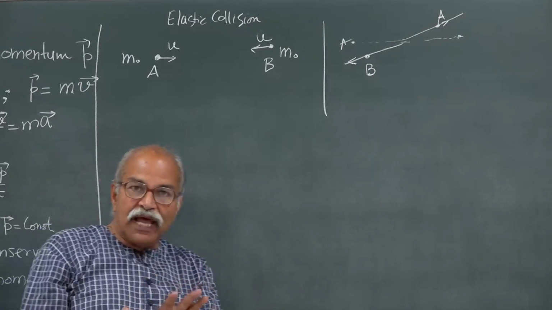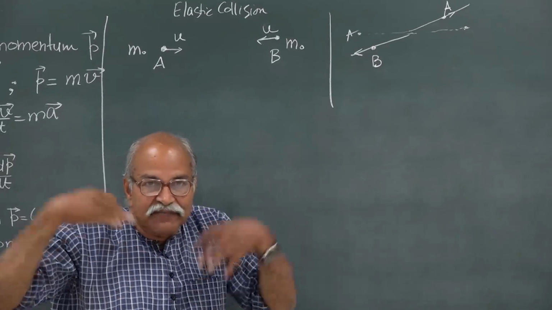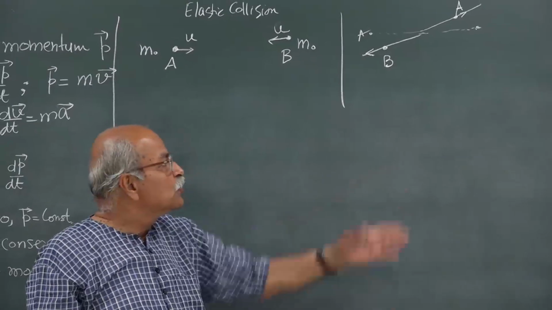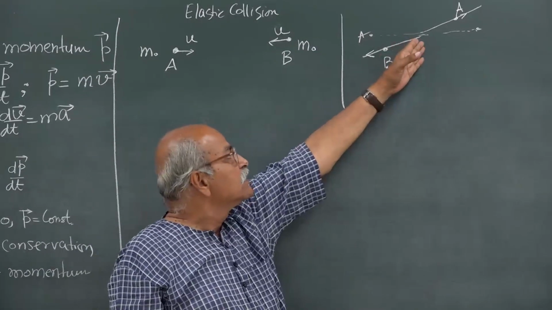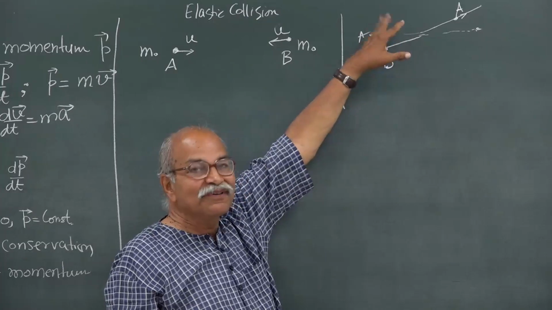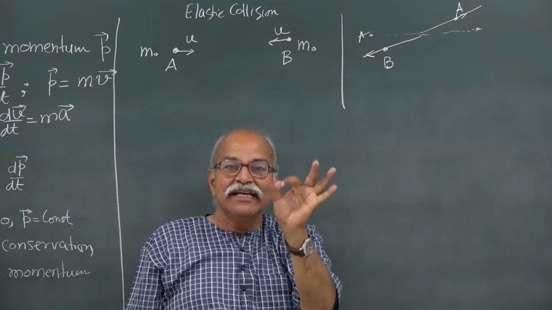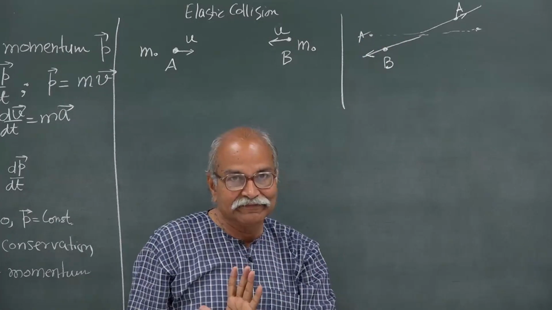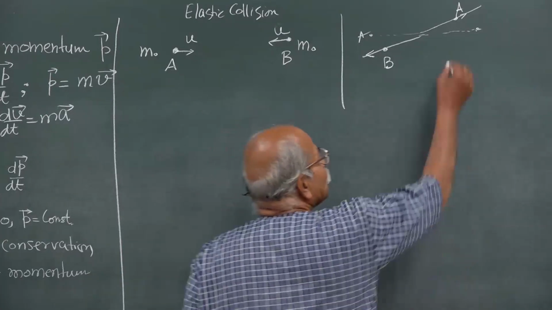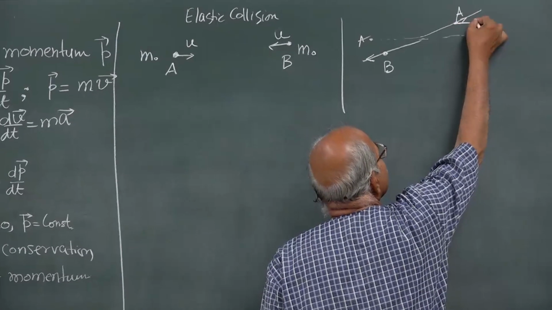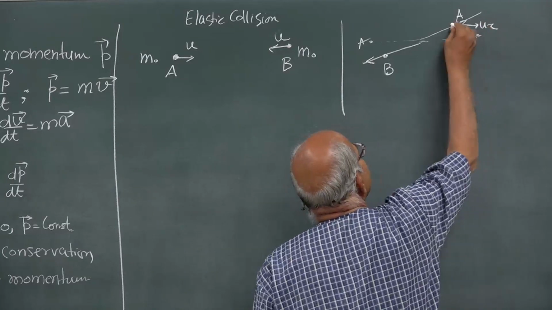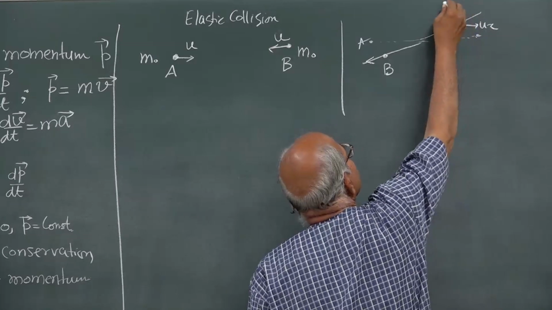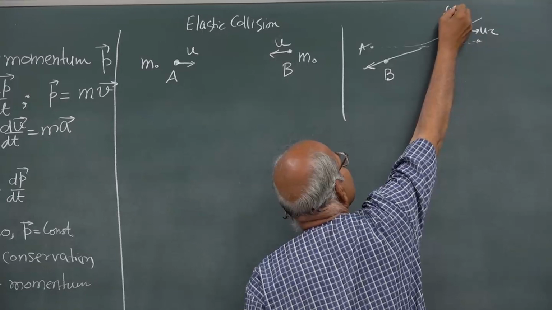We are taking a specific example only. We will assume that this collision is such that this y component of velocity is very small, infinitesimal of first order. So, here the component is ux, and here the component is uy, and uy is quite small, let us write it delta u.